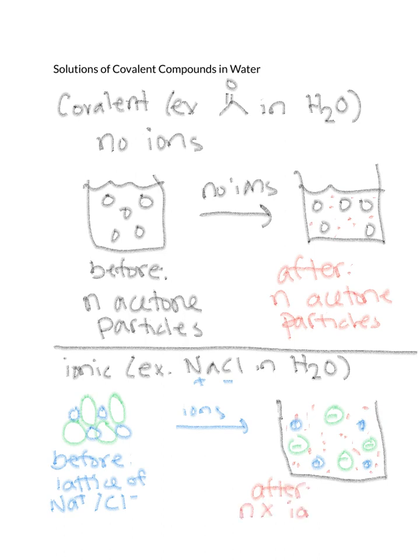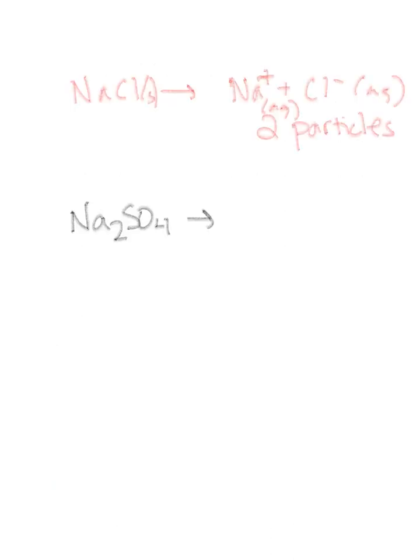After, N X ions. Right here, I know that I get 2 ions for every NaCl that breaks up, but I could think of other examples. So again, a sodium chloride would make a sodium plus and a chloride minus, but we could think about a sodium sulfate making 2 sodiums and a sulfate, right?